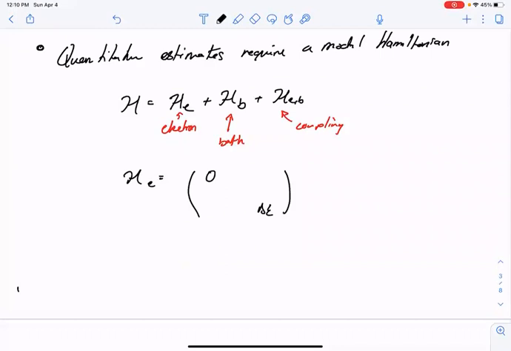If there were no couplings between this two-state system, there would be no possibility to transfer, so there must be some tunneling matrix element that will connect the two.